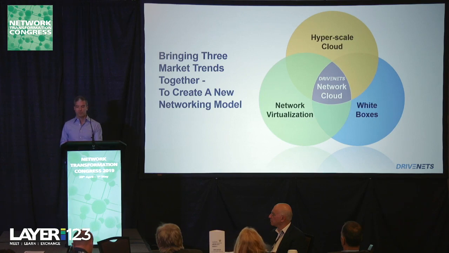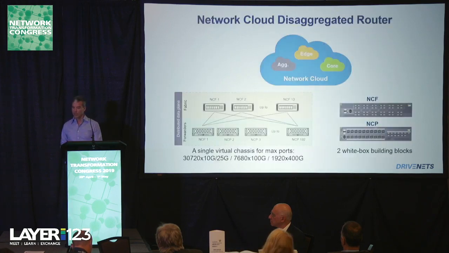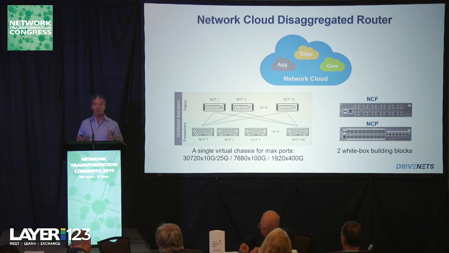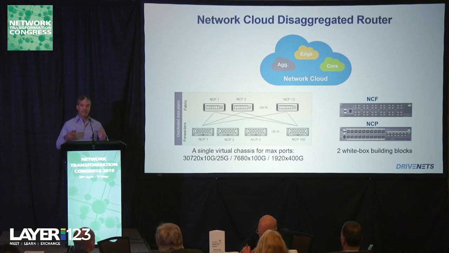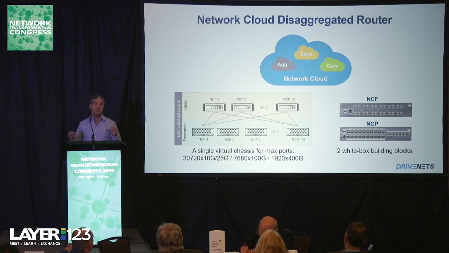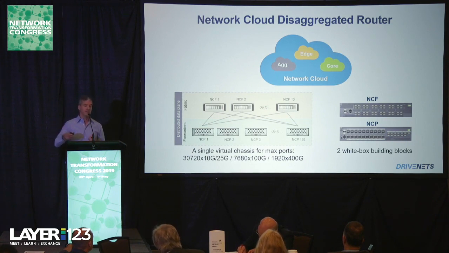So what is network cloud? With network cloud, we disaggregated the monolithic router into many different layers. We disaggregated the chassis-based router into a virtual chassis, a cluster of pizza boxes. And now you can scale this virtual chassis as you need, just by adding more pizza boxes.